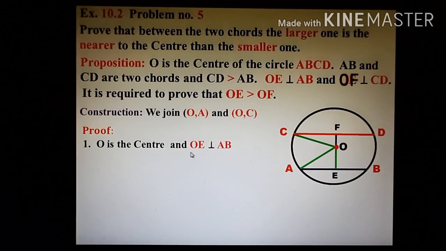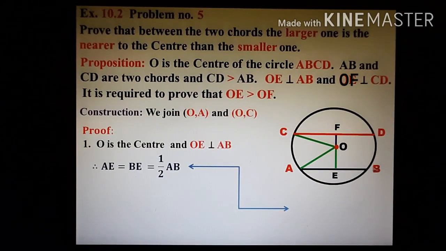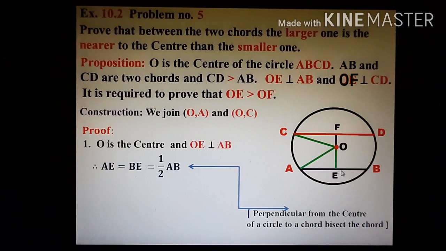O is the center of circle, OE perpendicular to AB. Again, when perpendicular is drawn, AE equal to BE, because the perpendicular from the center of the circle to the chord bisects it.